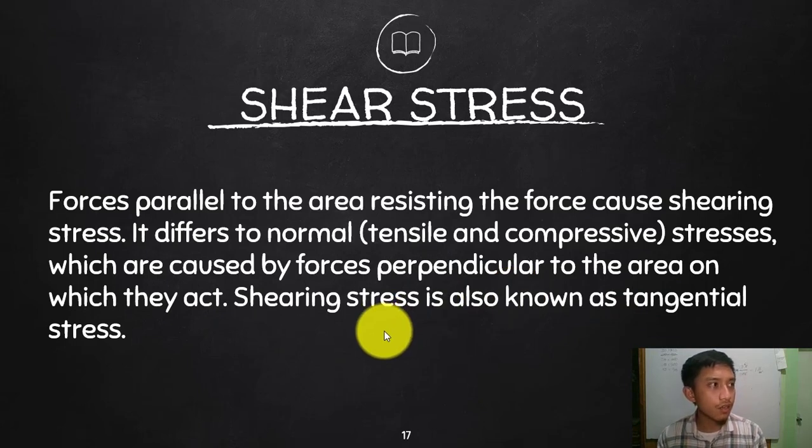We call the normal stress axial because the line of action of P is along the axis of the member. If you cut the member, the area is perpendicular to the force. Now, why do we call shear tangential? A tangent passes a certain point.